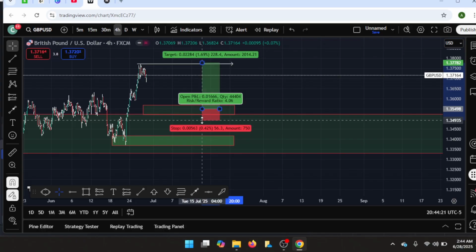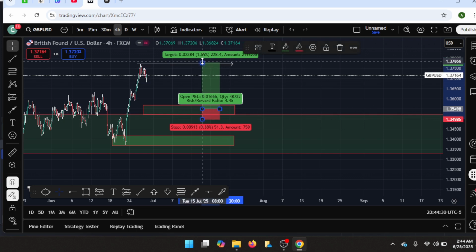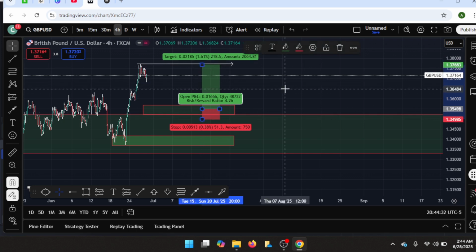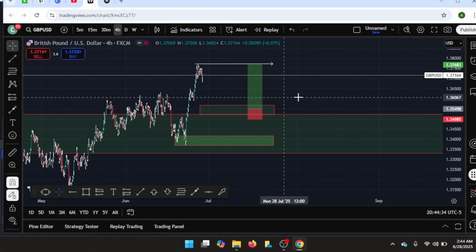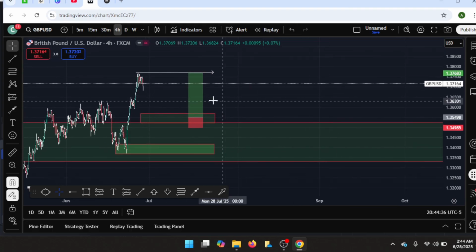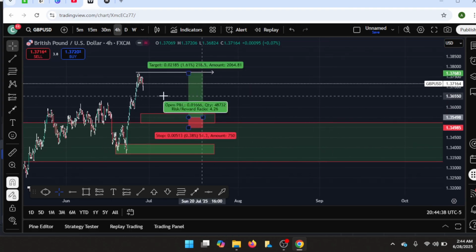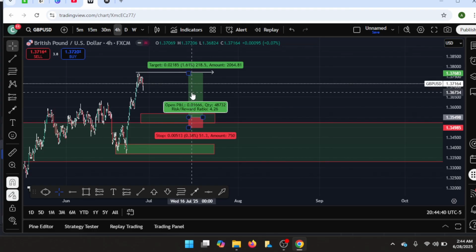Let's raise 50 pips. Let's leave it like this. So we're risking 1 to make about 4, 1:4 on this trade.